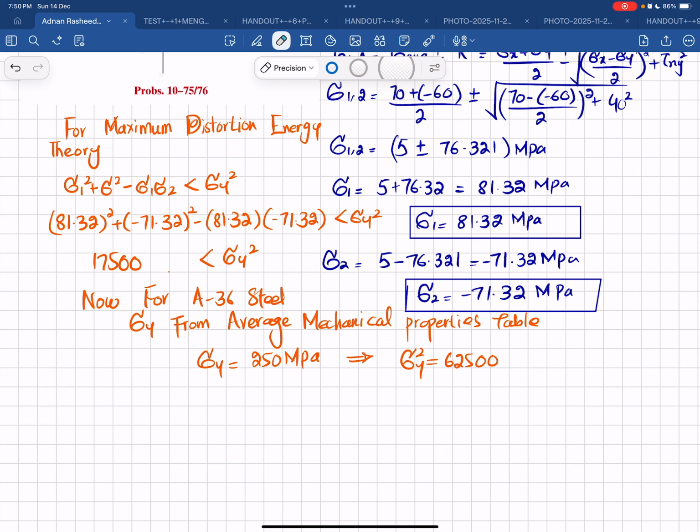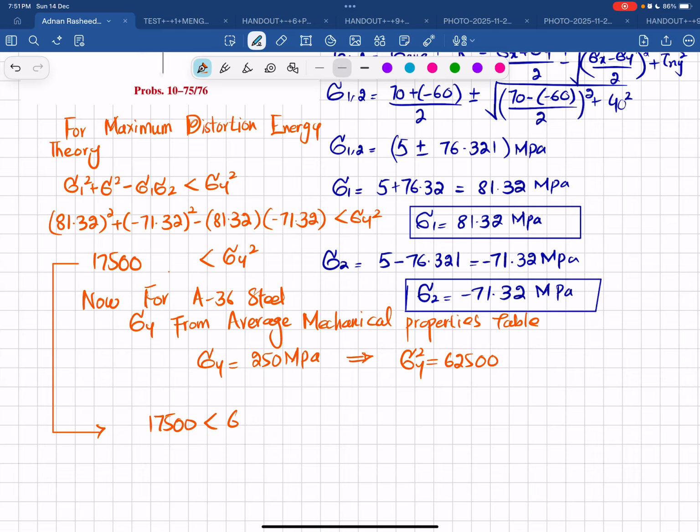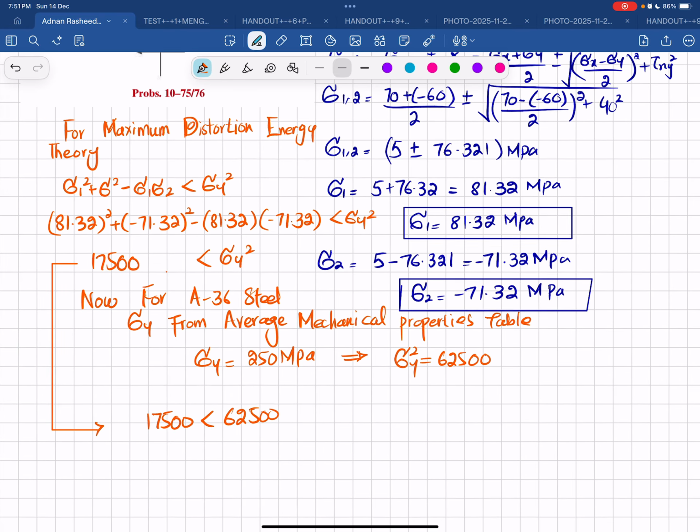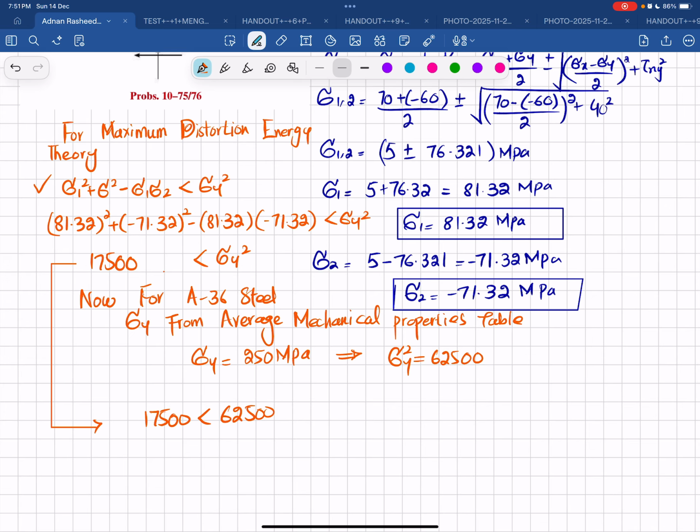Now you can see that if you put the sigma y value, 17,500 is less than 62,500. So this equation is holding correct, which means I will write the conclusion.